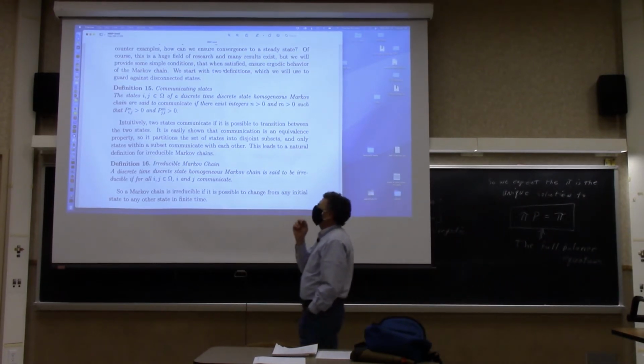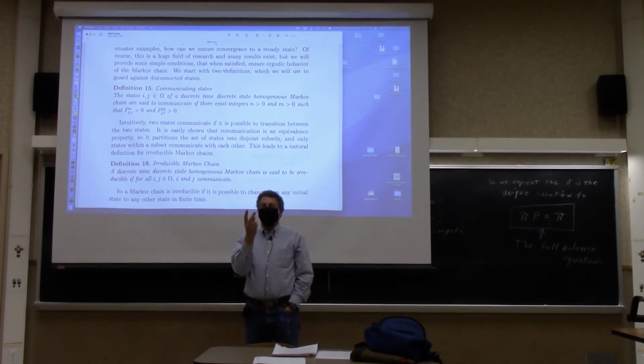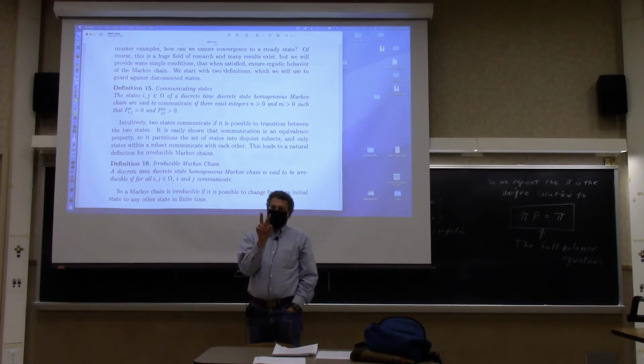It has the property that if i communicates with j, then j communicates with i. Anything that has that property, called an equivalence, it's easy to show that it must partition the set of states into sets that communicate.